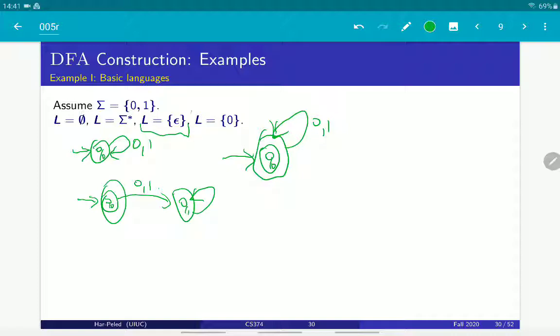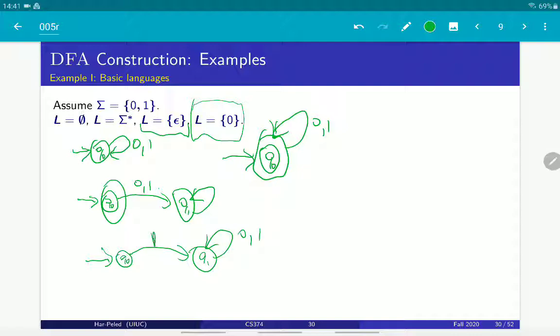Maybe the most interesting example of those three is the language that contains only the string 0. So we have Q0, right? Which means we didn't see anything yet. If we get 1, we go to a hell state. Right, so we put Q1. By the way, when you draw the automata, it's not always necessary to label the states, but it's usually easier to label them so that you can talk about what's going on.